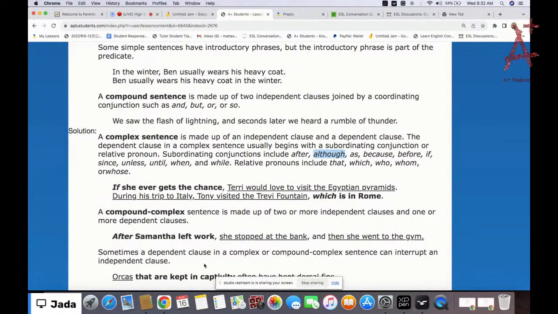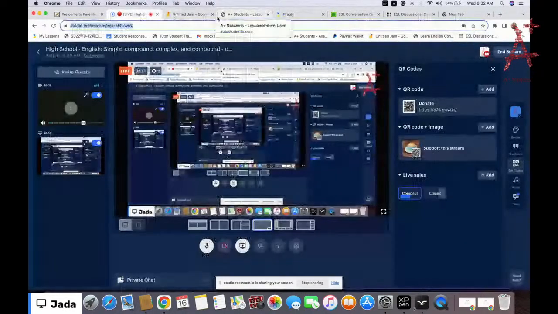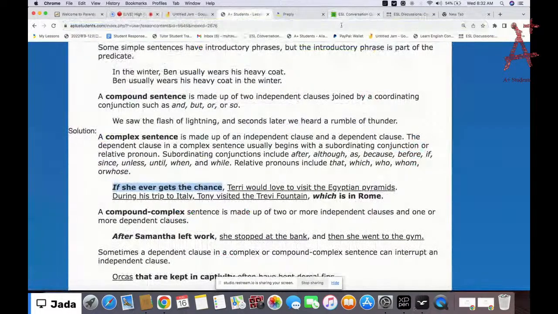And in the second, the part from "which is in Rome" is a dependent clause.